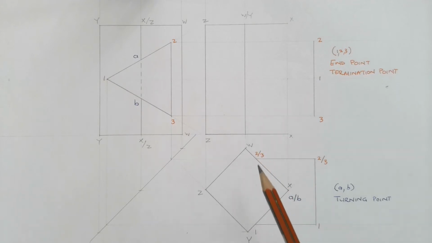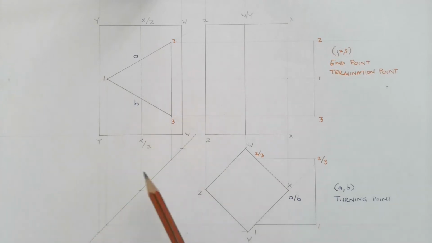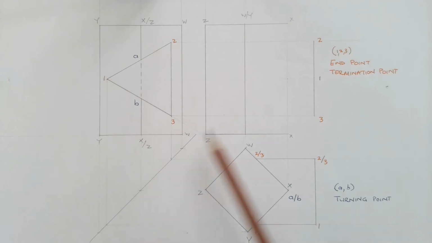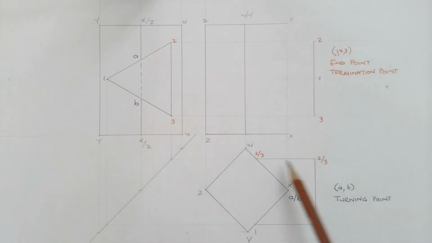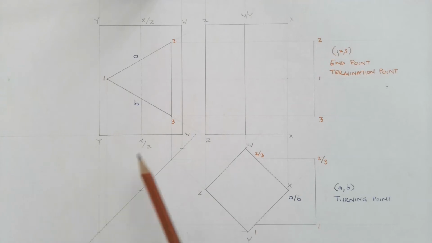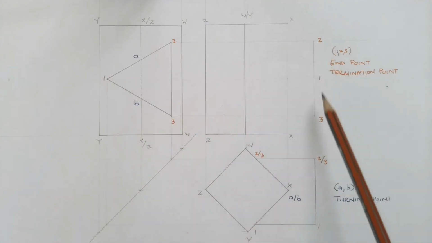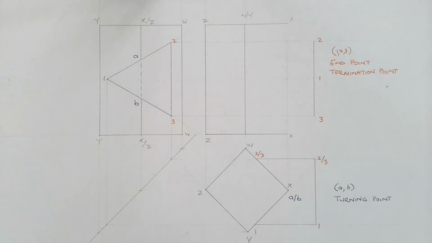Therefore, it is important that you draw the third view so that these points are labeled easily. By the way, all these points that you see that I have labeled here in pen come from that view. So without this view, it's not easy for you to label these numbers over there.